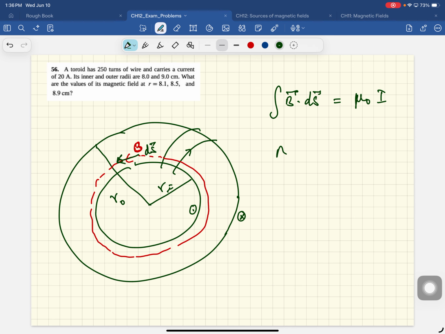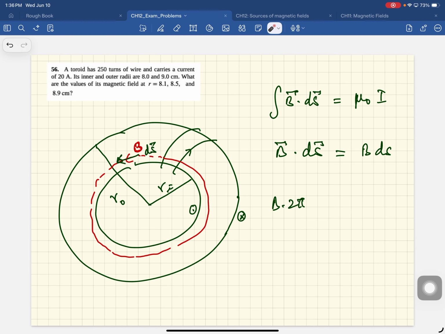So 12.3 millitesla. About 100 times greater than the Earth's magnetic field.